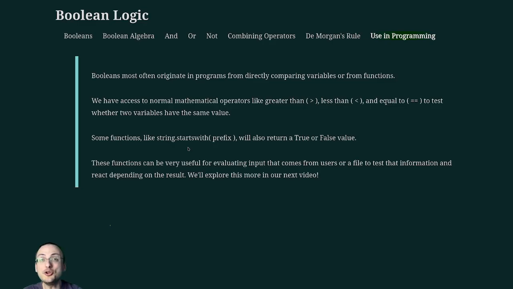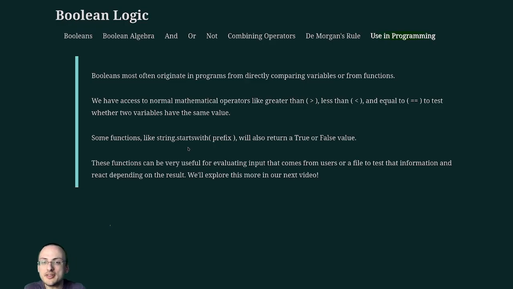Or do you have permission to do this thing? Are you connected to the internet? Each one of those questions you might want to ask the computer has some function representing that feature that will return to you a true or false value.